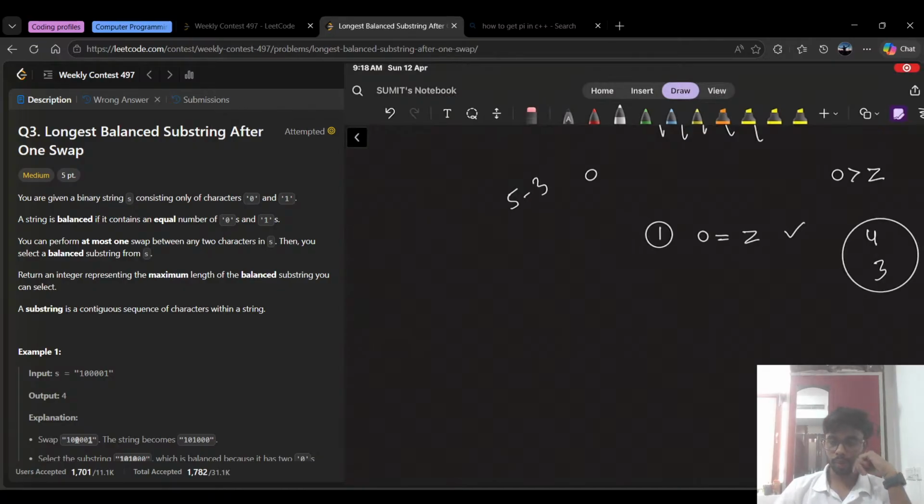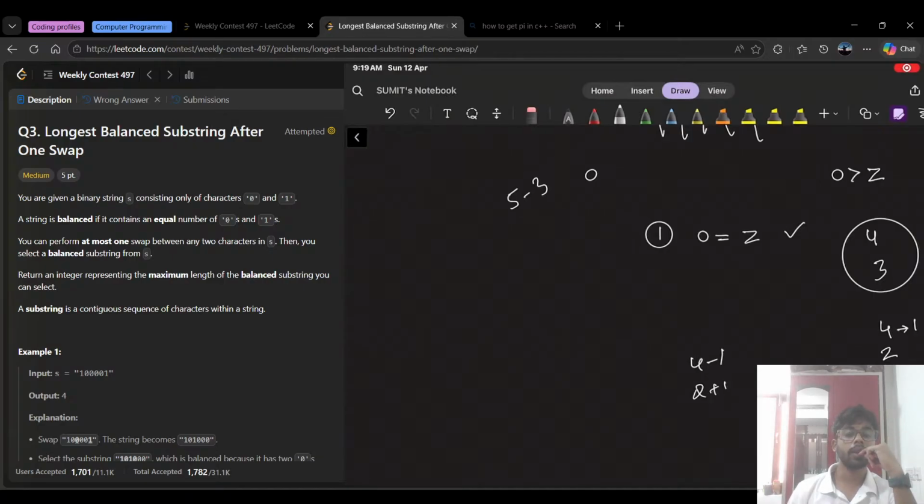So this case will not be there because the even length will be there. Okay, so let's take it 4, 2, minus 1 will be there. So 4 minus 1, 2 plus 1. What I am doing, just balance the string after one swap.